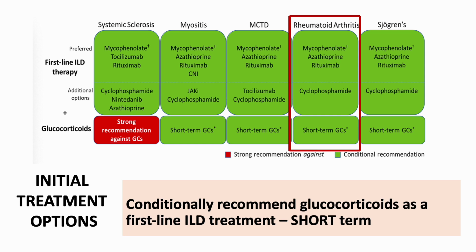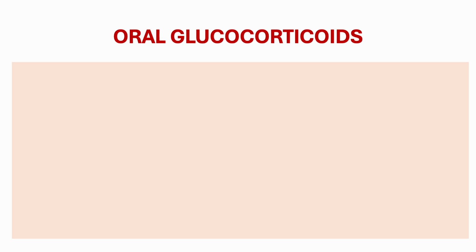They are only a bridge therapy till your immunosuppression starts working or is instituted. What are the most commonly prescribed immunosuppressants in RA-ILD? Suggested are mycophenolate, azathioprine, and rituximab, with cyclophosphamide as an additional option when these three are not feasible, not available, or there is a life-threatening issue.